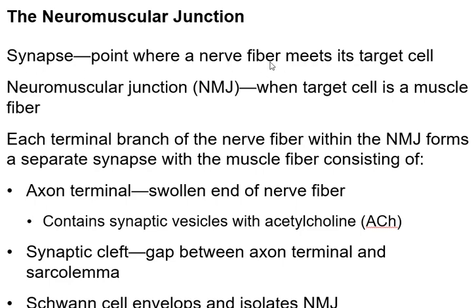A synapse is the place where a nerve fiber approaches its target cell. It approaches that muscle fiber, that muscle cell. And I am changing the word meets to approaches because it never actually gets there. The nerve can't touch the muscle cell or the muscle fiber because it'll short it out.